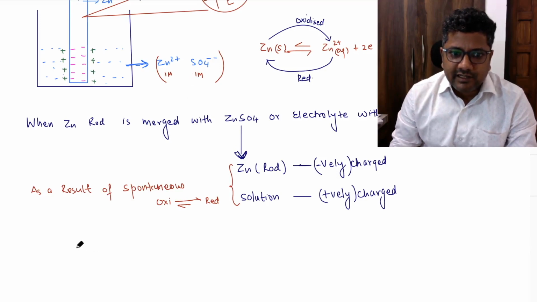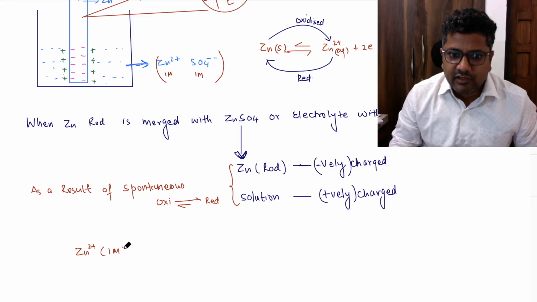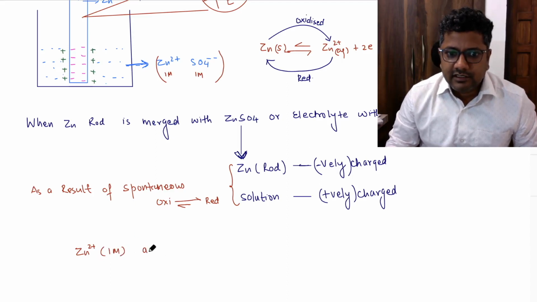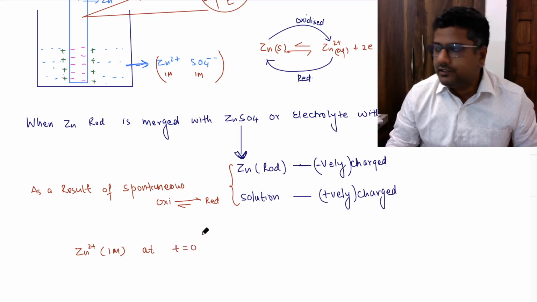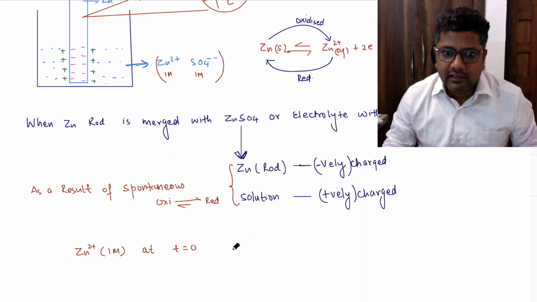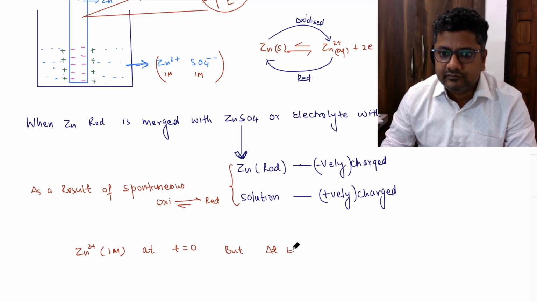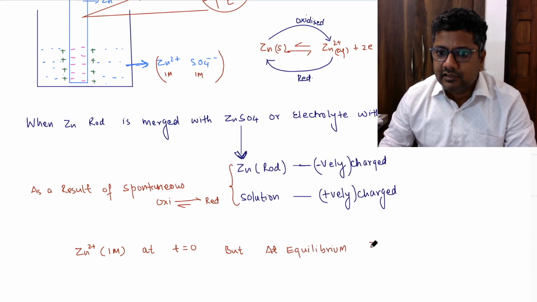The Zn2+ ion concentration is 1 molar at T equal to 0, meaning in the beginning of the process, but at equilibrium the concentration of Zn2+ ion in solution is more than 1 molar.